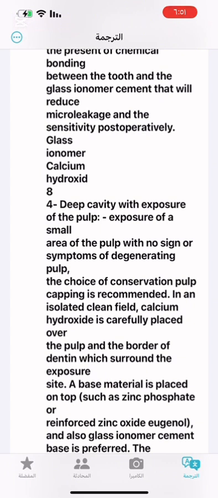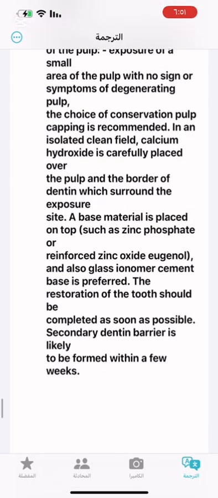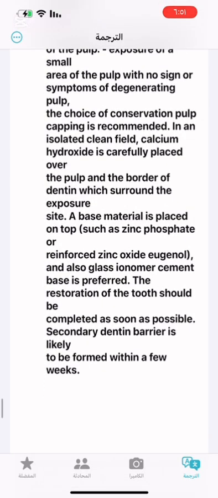Then a varnish is used to coat the walls. Recently, a new protocol prefers the use of Dycal with glass ionomer base because of the presence of chemical bonding between the tooth and the glass ionomer cement that will reduce microleakage and postoperative sensitivity.